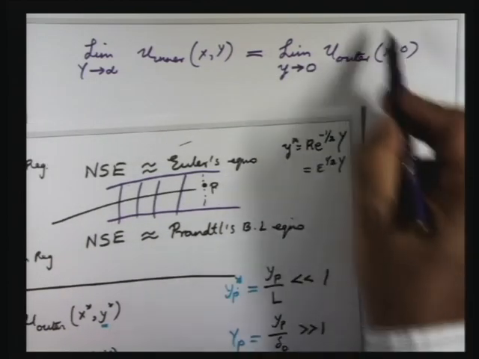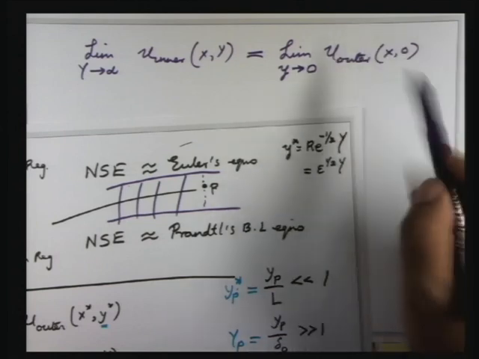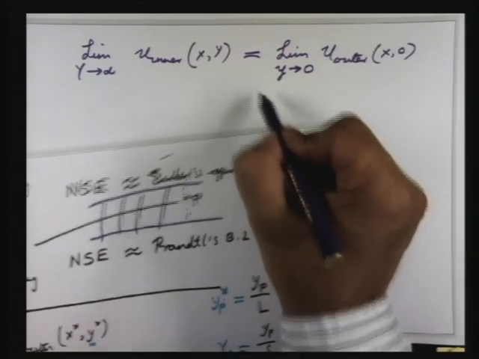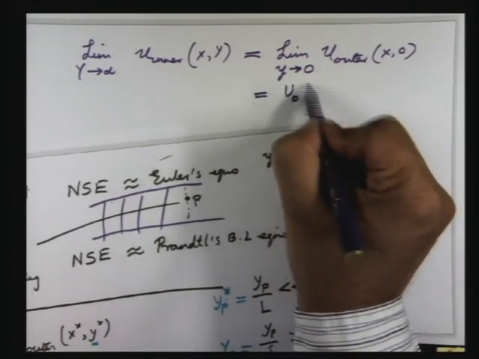Now what is this quantity? This u outer is the solution of the Euler's equation in the outer region, which you are now evaluating at the wall, and that will be non-zero because the Euler's equation represents the solution for inviscid flow which will slip along the wall. So that need not be 0. So this is some function which you can call, say, u0 of x.